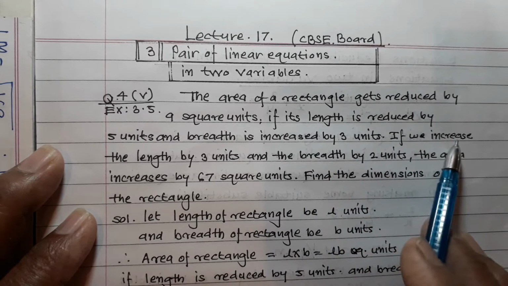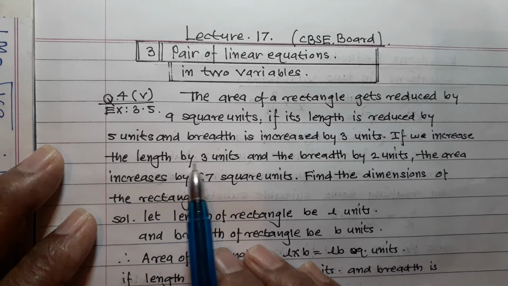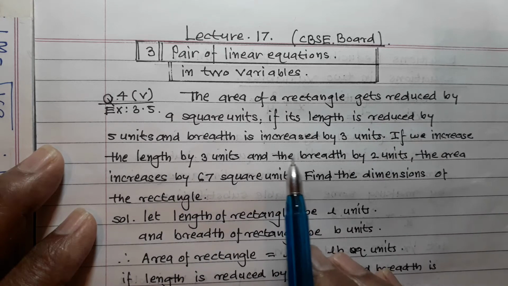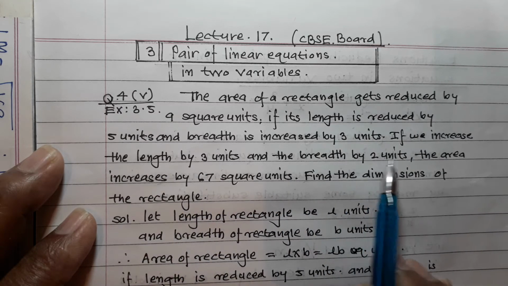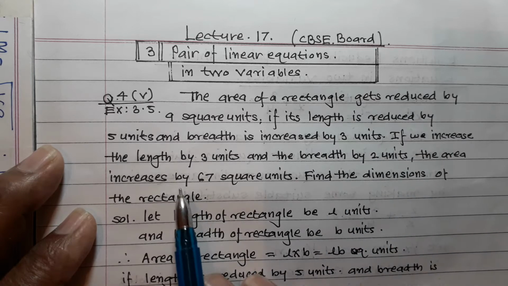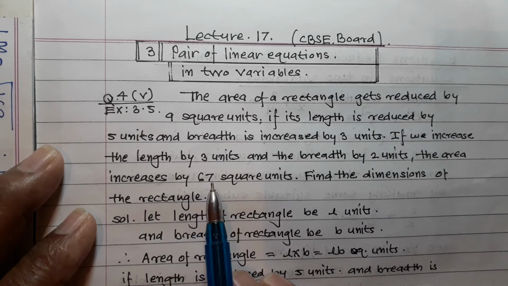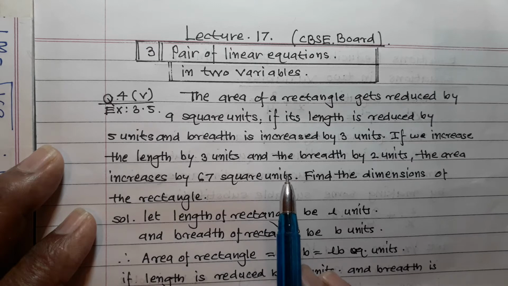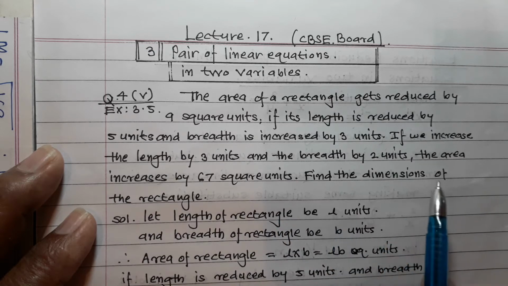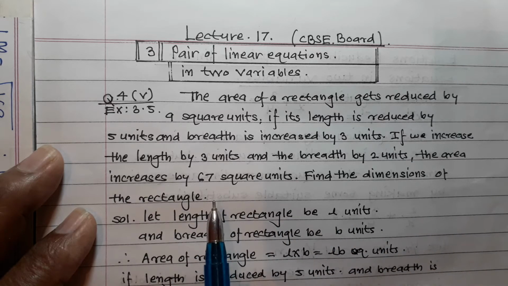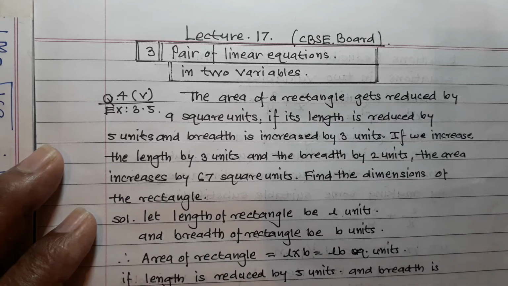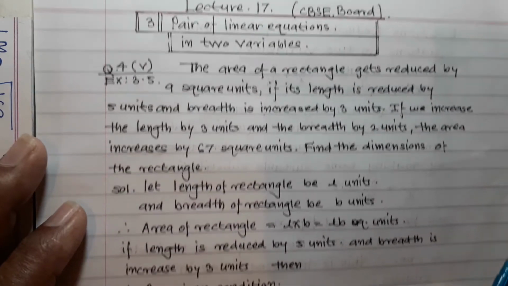If we increase the length by 3 units and the breadth by 2 units, the area increases by 67 square units. Find the dimensions of the rectangle. Okay, now try to understand the solution.